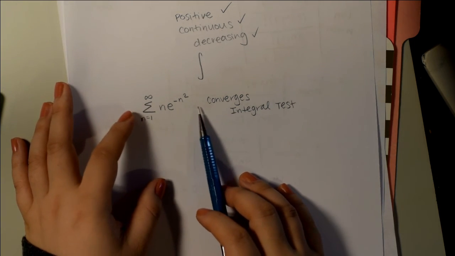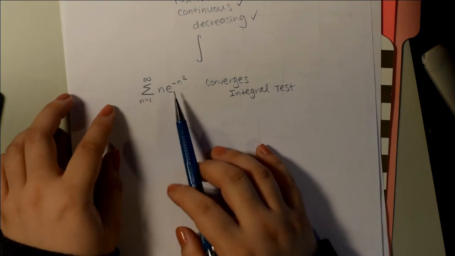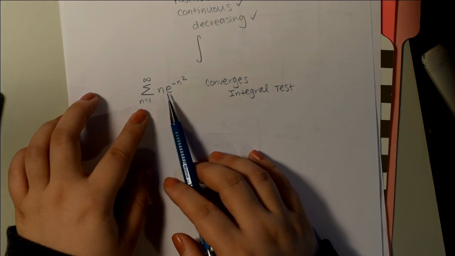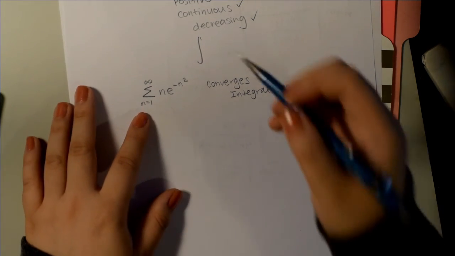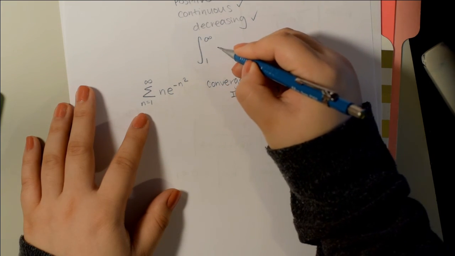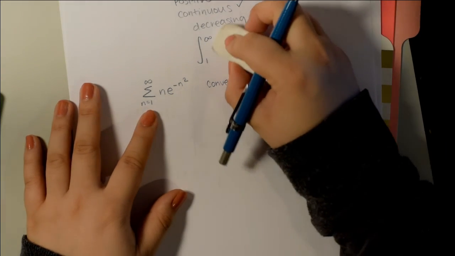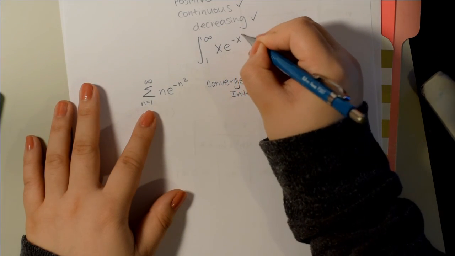But decreasing, you have to show that this is decreasing for x greater than 1, and I say x because we end up taking the integral from 1 to infinity of, I'm just replacing all the n's with x's, x e to the negative x squared.